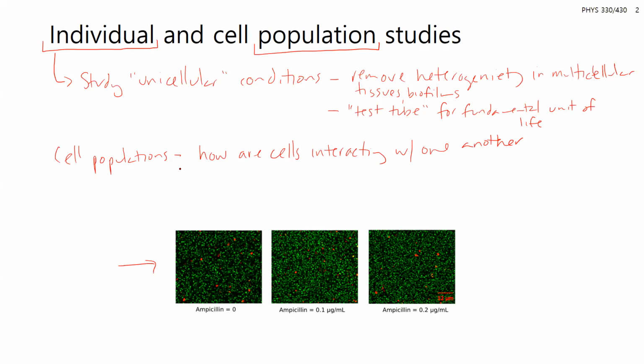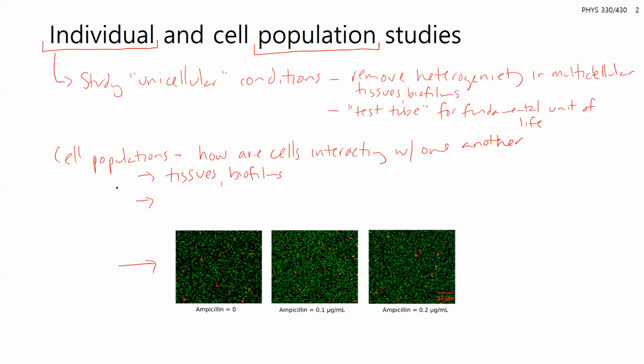Cell population studies also involve a lot of work in tissues and biofilms, depending on what type of cells you're interested in. Biofilms would be more on the bacteria, prokaryotic side, and tissues more on the eukaryotic side, or if you're doing human relevant work.